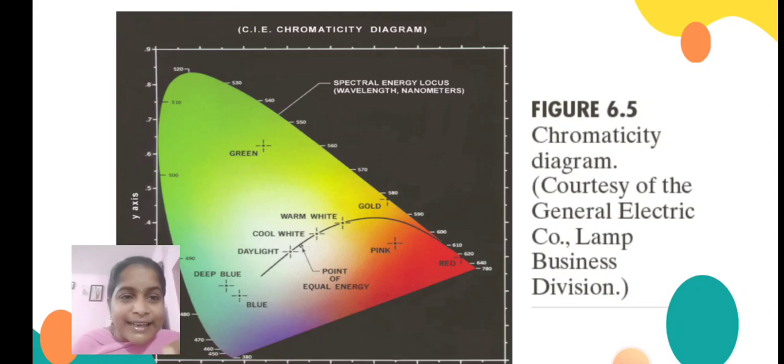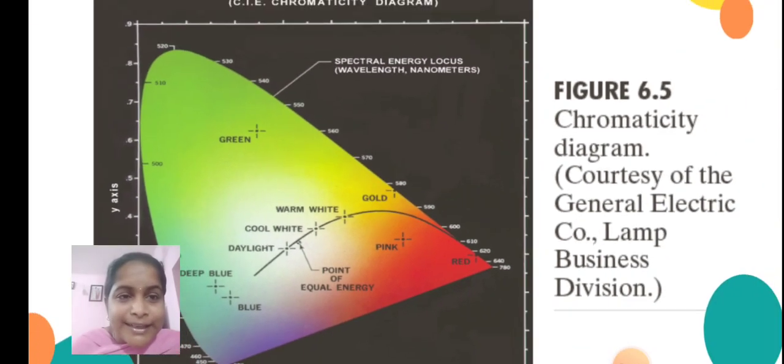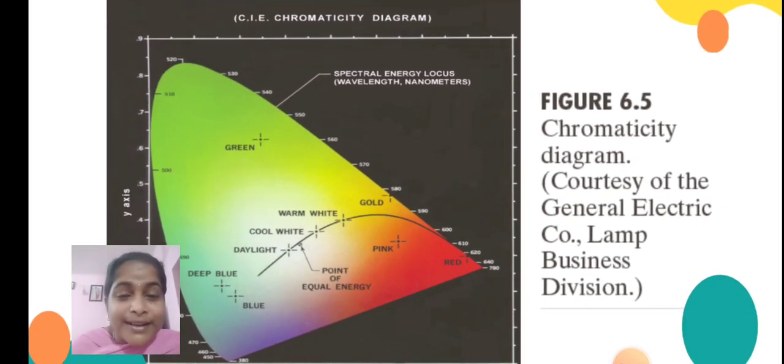See here, green, deep blue, blue to deep blue, and this point represents the point of equal energy. Here we have cool white, daylight, warm white, and after increasing we have gold, pink, red.